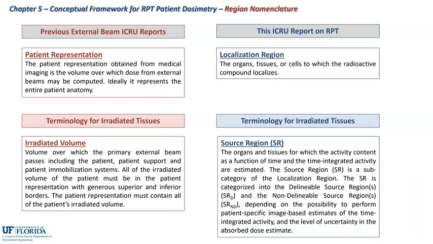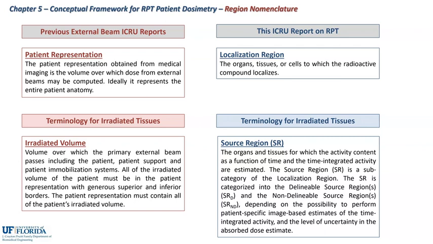The committee has been trying our best to provide a one-to-one analogy or a nomenclature that is roughly consistent with what is done with other forms of radiotherapy. We define localization region: organs, tissues, cells in which a radioactive compound localizes. A source region, we've seen that before: organs and tissues in which activity content is a function of time, and time-integrated activity is estimated.